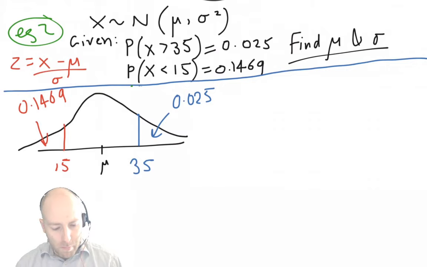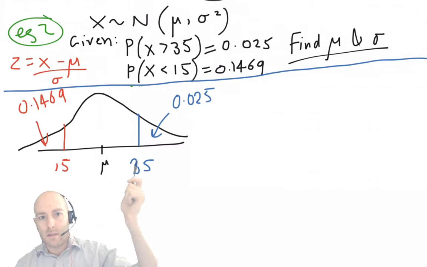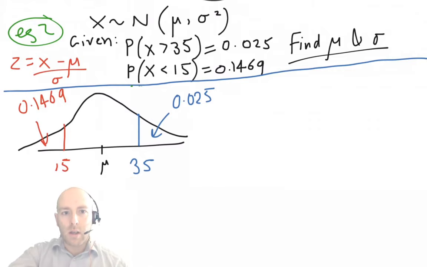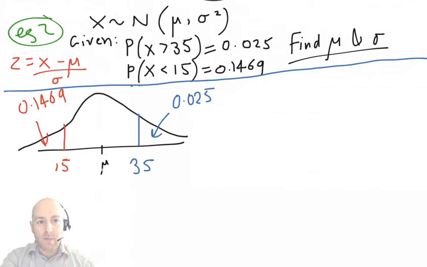Okay, so we need to find the z values that correspond to these. Get our calculator, put in inverse, use our probability.